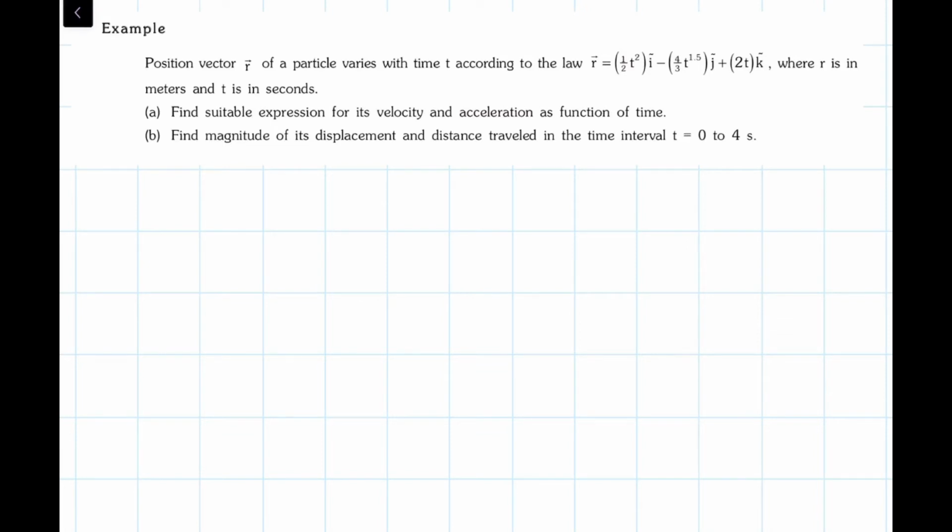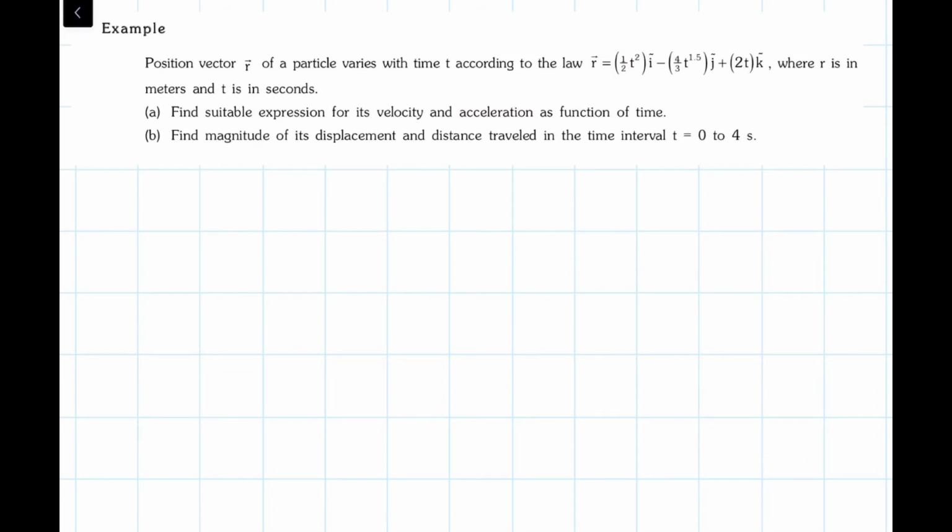This is the question. If you can solve it, then you are good in differentiation and integration, because for NEET and JEE purposes, you can expect slightly more difficult derivatives or integrals.